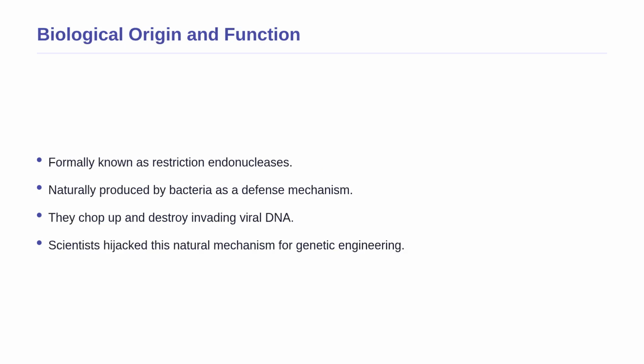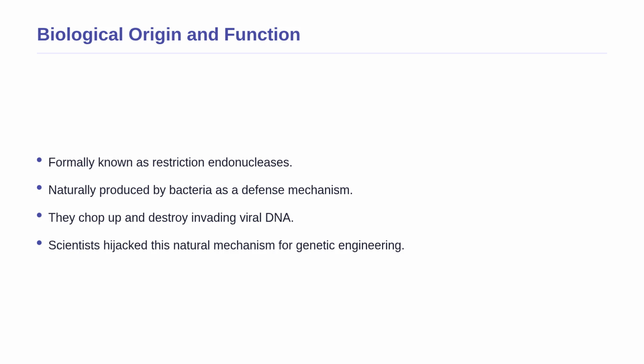Now that we understand the basic analogy, let us look at where these tools actually come from. Formally, restriction enzymes are known as restriction endonucleases. They are specialized proteins naturally produced by bacteria. But why do bacteria make them? Bacteria originally evolved these enzymes as a brilliant defense mechanism to protect themselves.